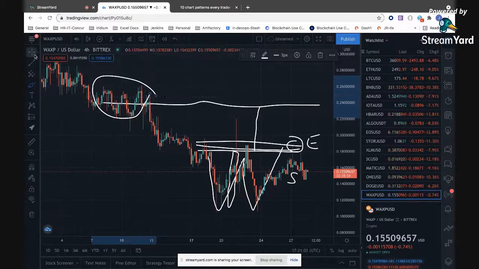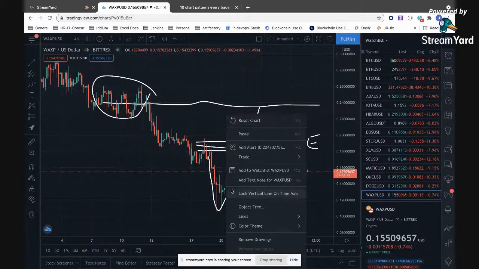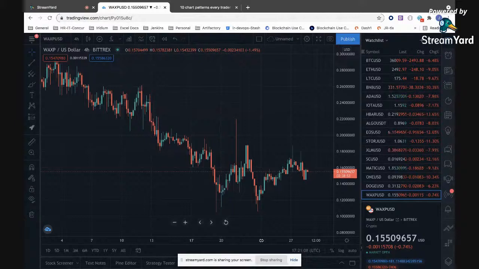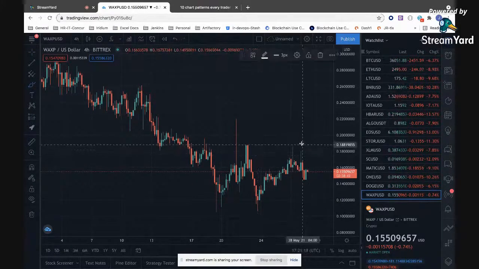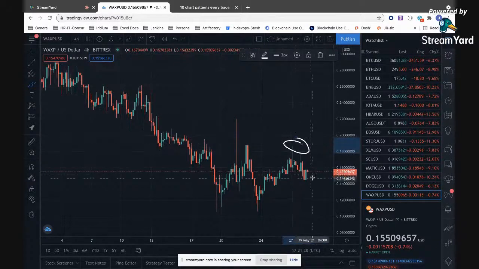So if this pattern comes true, this is exactly where it's going to stop, at a point of consolidation and resistance, and that matches exactly the pattern. So now the important thing to know is, is it going to break, right? So we want to see a break to the upside over here.